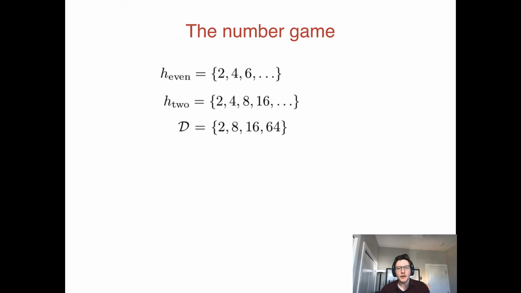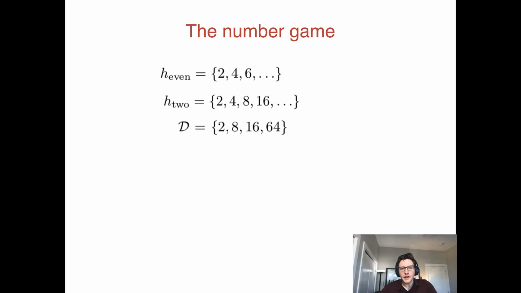But if you think about it, it's a little bit tricky to figure out why this is a good concept, because this other concept, the even numbers, equally well explains this set of observations. All of these numbers are in fact even.